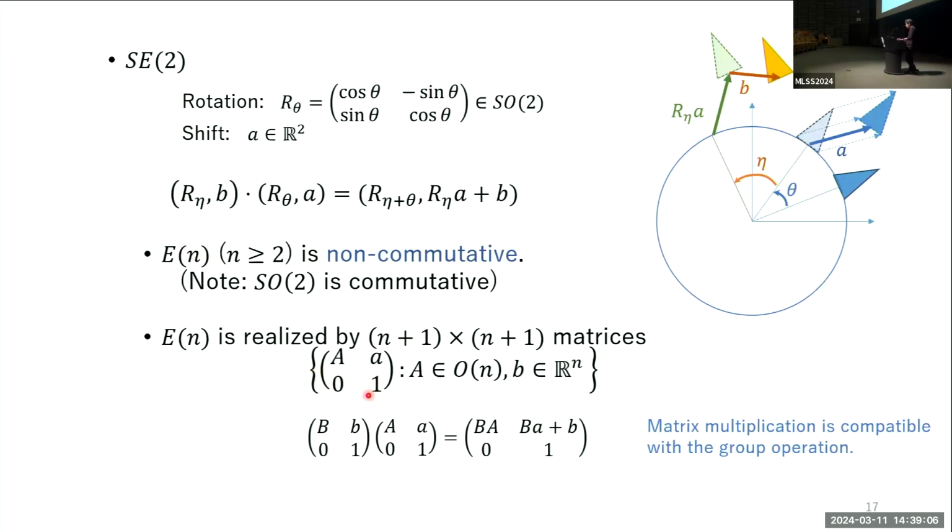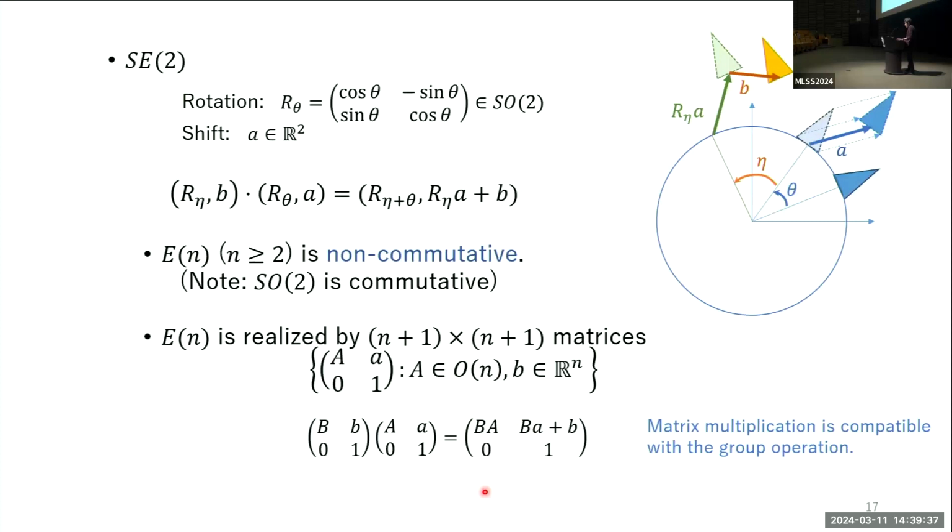If we multiply two elements of this form, we observe that this part is just R'R, and this vector part is R'A plus B. And this corresponds to the element we considered in the picture.